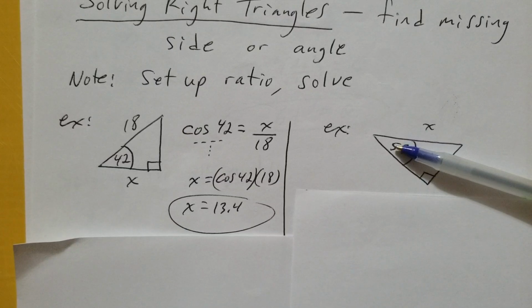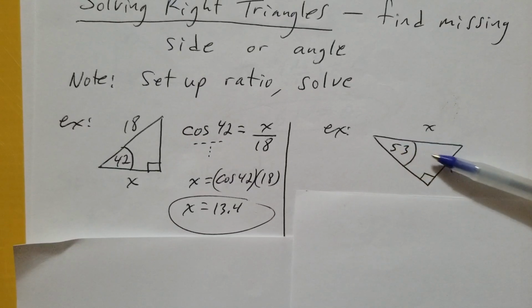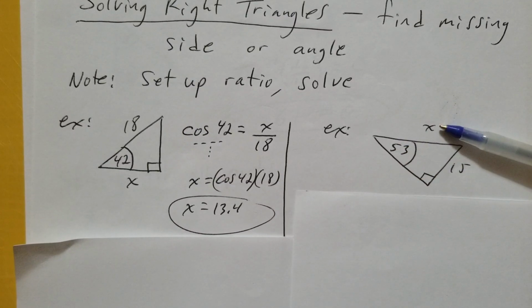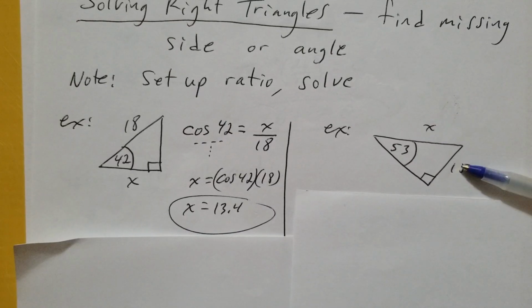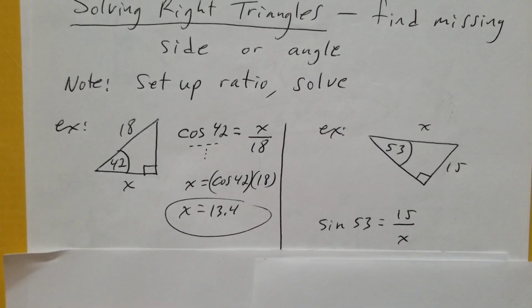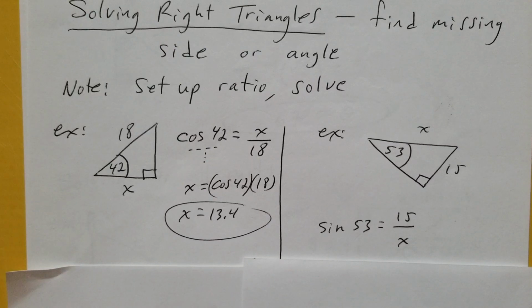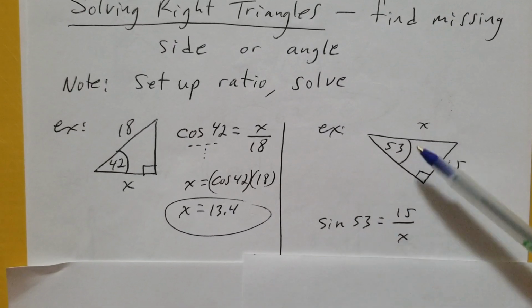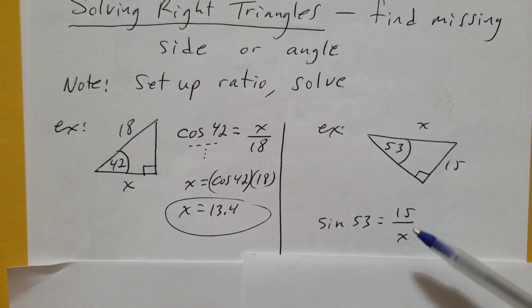Well, it depends. What are we dealing with? We're dealing with opposite hypotenuse, OH. Oh, so, sine. So we're going to use the sine function. So sine 53 is equal to opposite over hypotenuse, 15 over x.